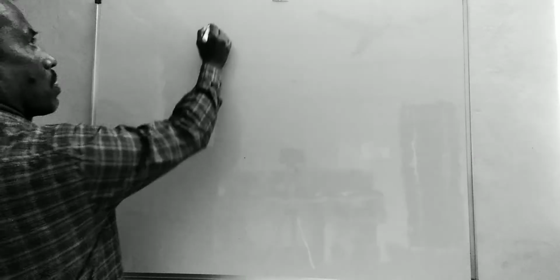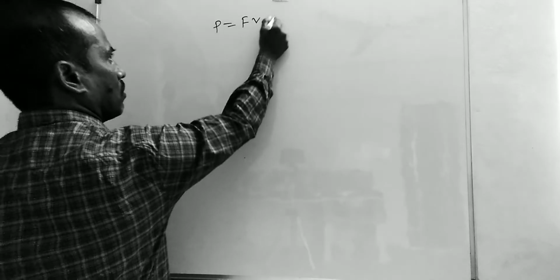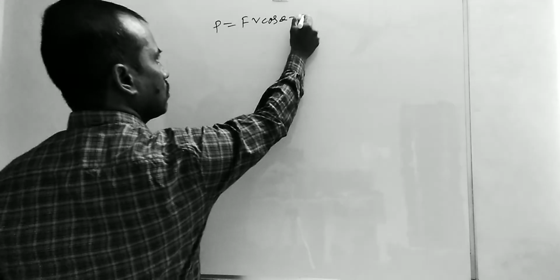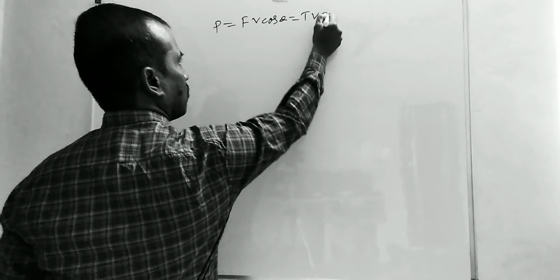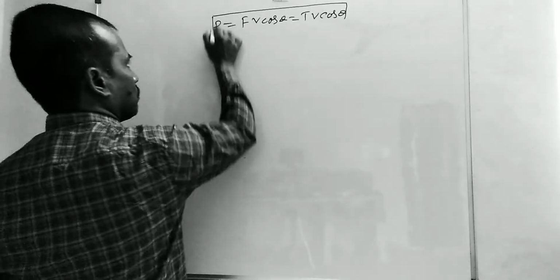Power formula P = F V cos theta or T V cos theta.